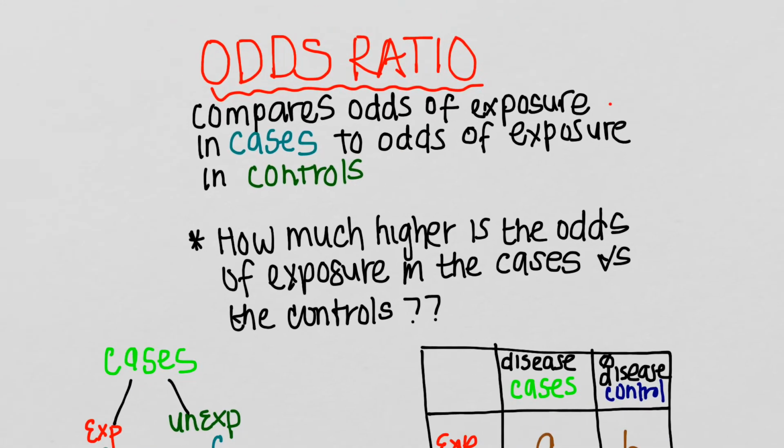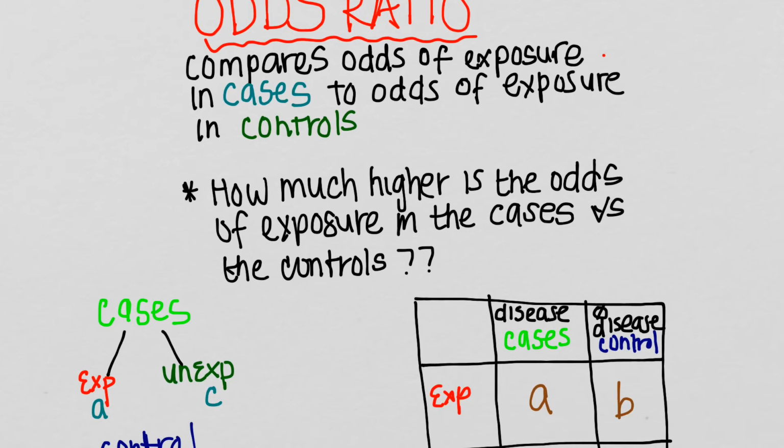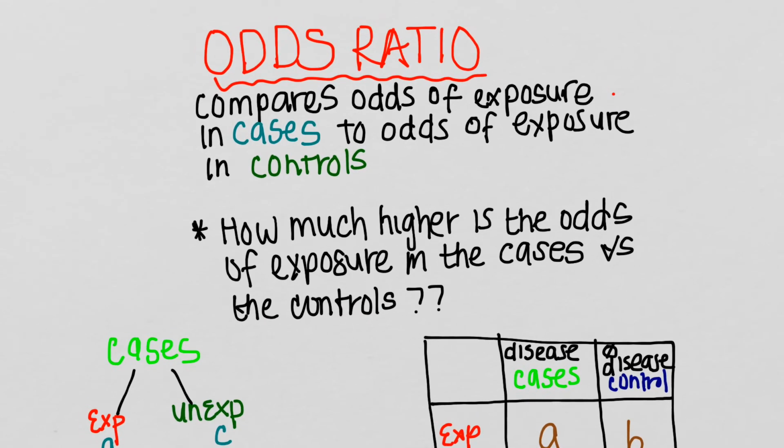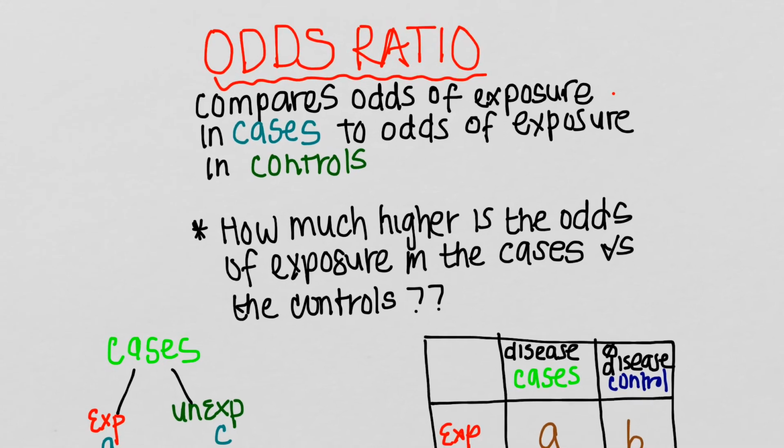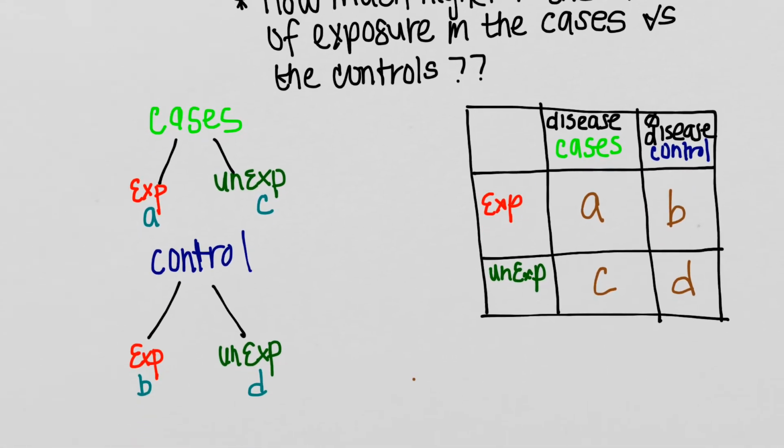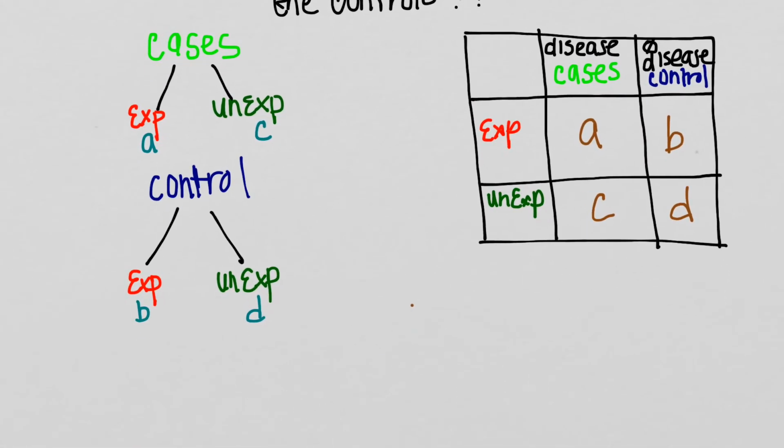We want to know how much higher the odds of exposure are in the cases versus the control. And as the term ratio implies, we're going to be dividing the odds in the cases by the odds in the control. So let's go back to our 2x2 contingency table, right?